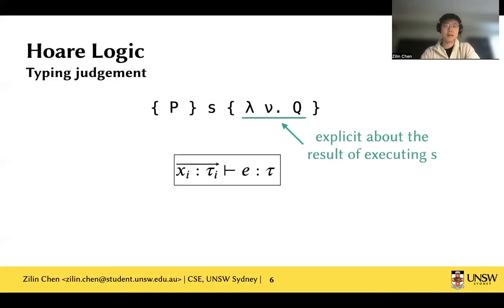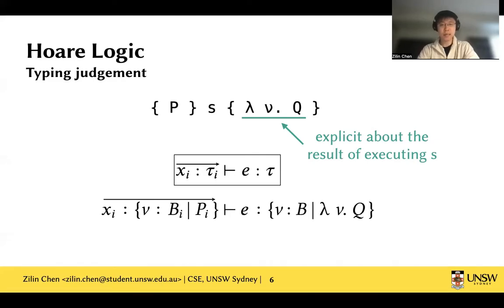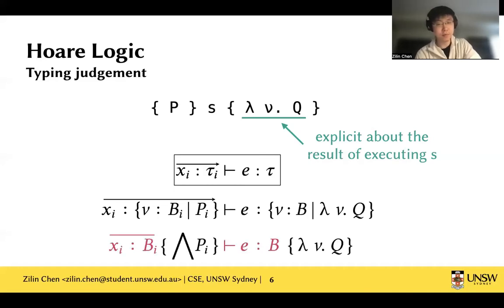Again, this is the typing judgment for refinement types. And if we expand the syntax of tau i in the context and tau, we get this judgment. Let's lift out all the base types from the refinement type, both in the context and also in the resulting type. And we end up with this shape.